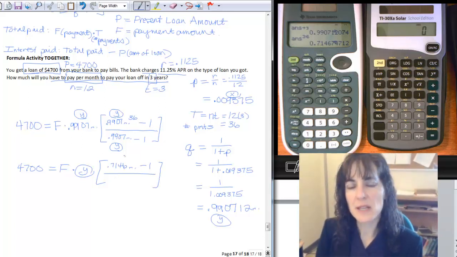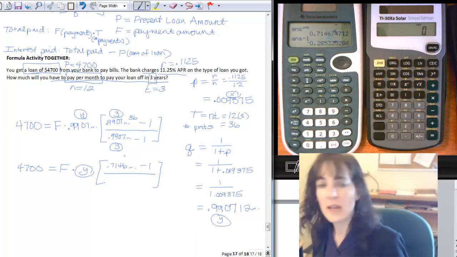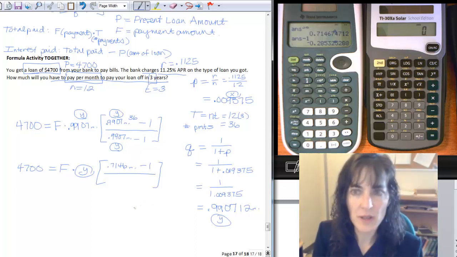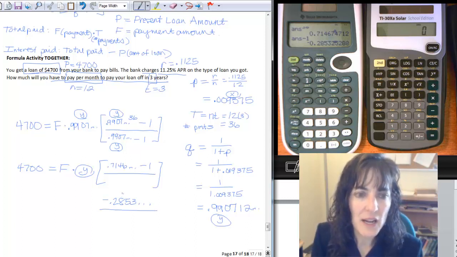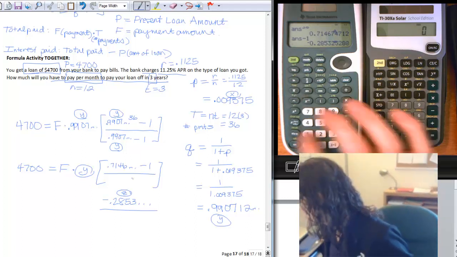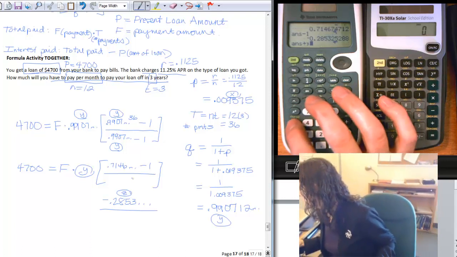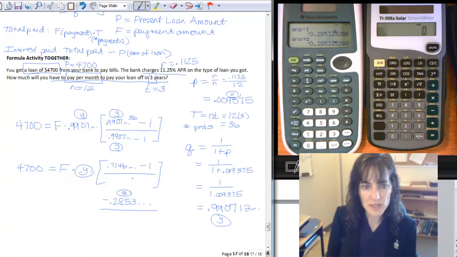And so I have that sitting on my calculator, subtract the 1, and now I have negative 0.2853, on and on. And I'm going to store that one in, maybe I'll store that in Z. So store XYZ, enter. So that numerator I have stored in Z.